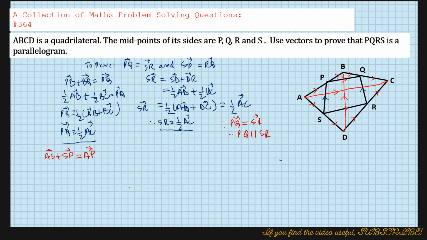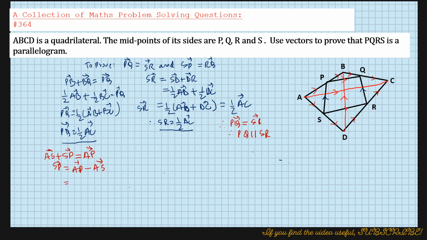Yeah, AS plus SP equals AP, and we can therefore write SP, keeping it on the left hand side, equals AP minus AS.